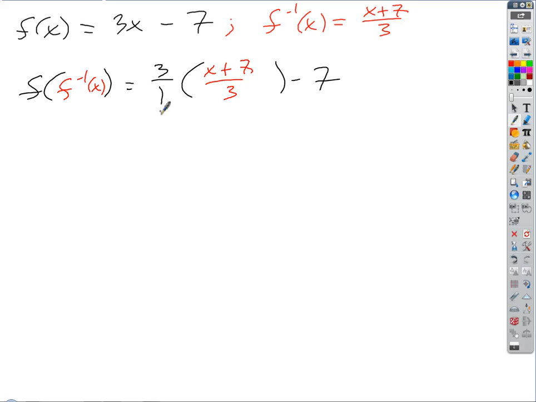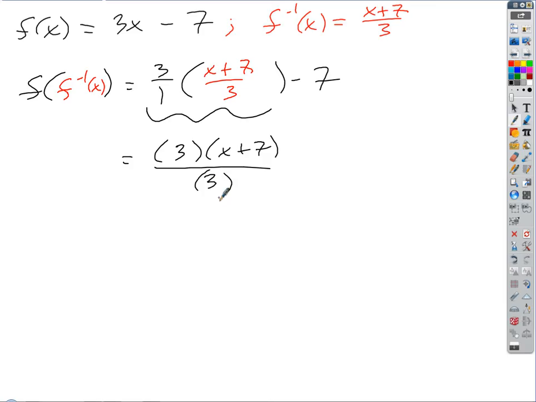If I rewrite just this part of it, I'd get 3 times the quantity x plus 7, right? So 2 factors. On the bottom, I've got 1 times 3, so I might as well just call that 1 factor.